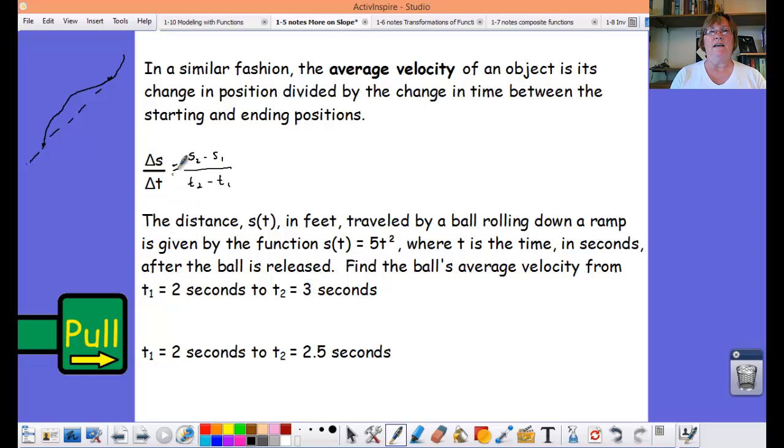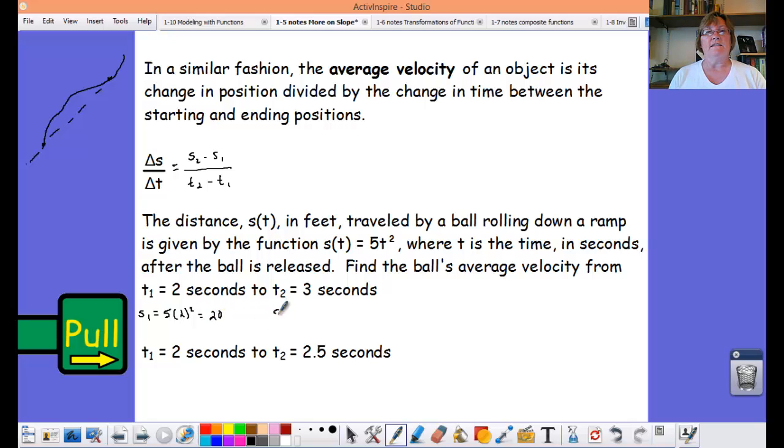In order to do that, we have to know the distance traveled. If we want to find the first placement of that ball, according to this function, it's 5 times the square of the time that's gone by, 2 seconds. So 5 times 2 times 2 is 20.